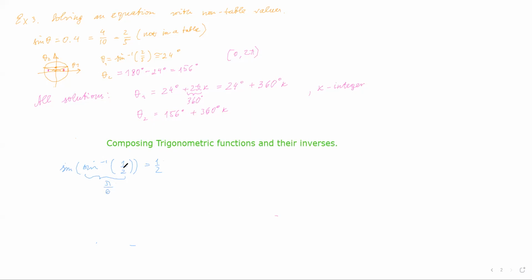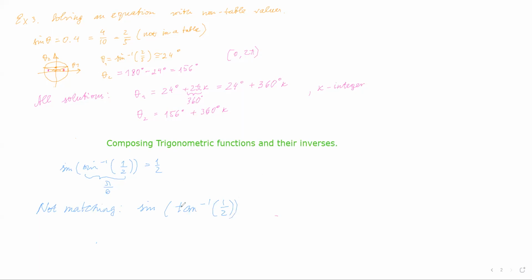What should we do if they are not matching? If they're not matching, like if you calculate sine of tangent inverse of 1/2, you cannot cancel them just because they are different functions, right?